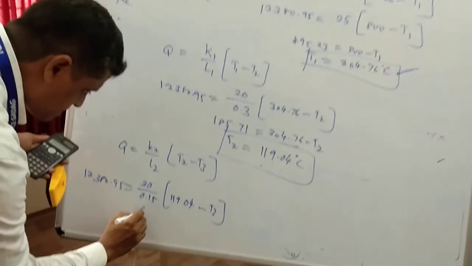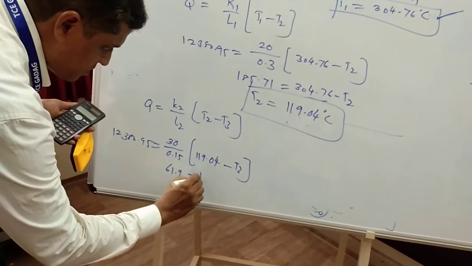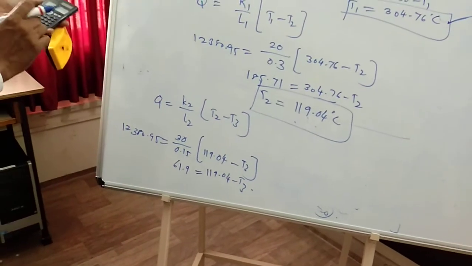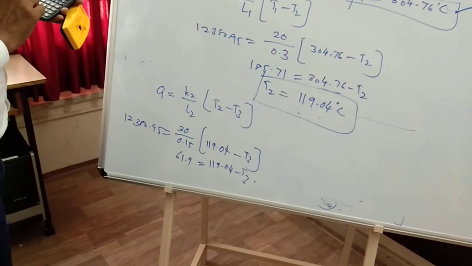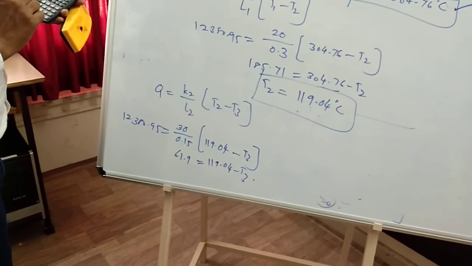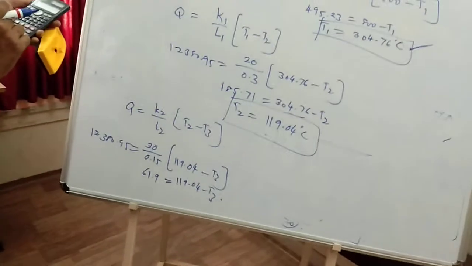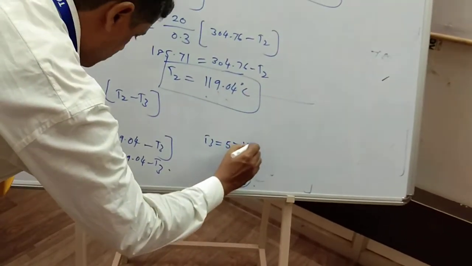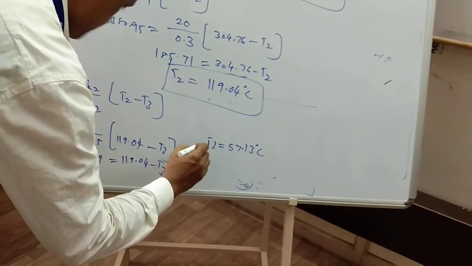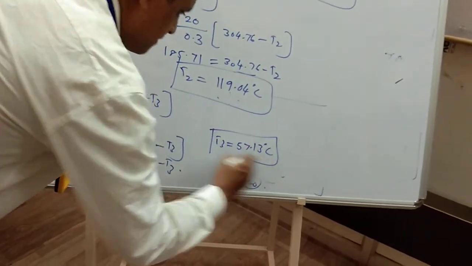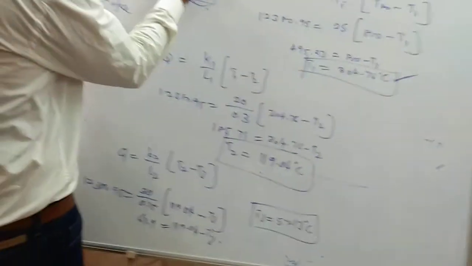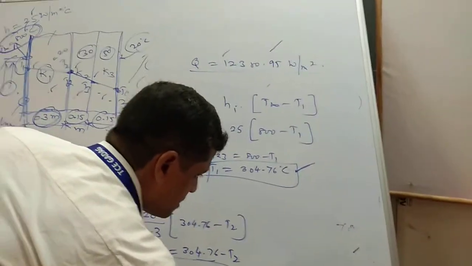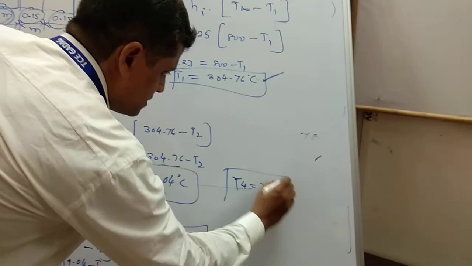We got LHS 61.9 is equal to 119.04 minus T3. Therefore T3 is equal to 119.04 minus 61.9, we got 57.13 degrees Celsius. Now T3 to T4. T4 is already given, 20 degrees Celsius.